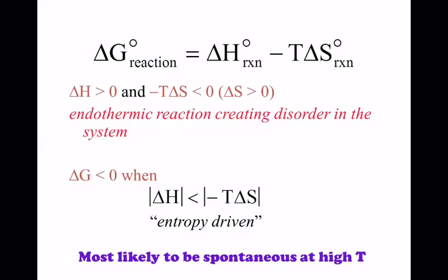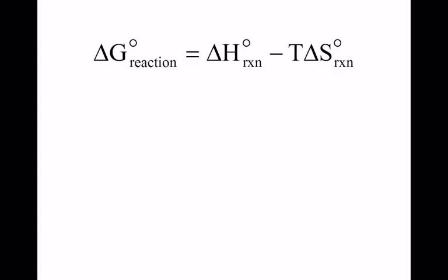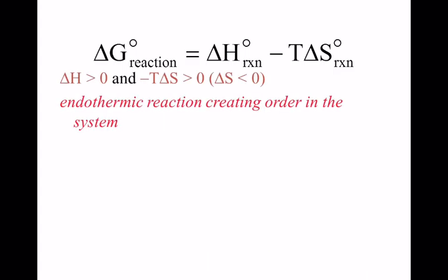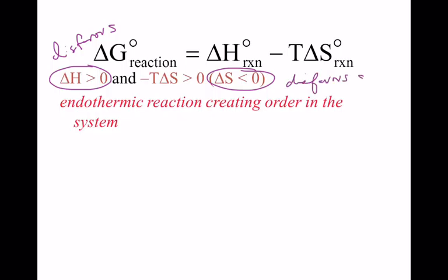Now this is the fourth of 4. In this case, we're going against the grain both ways. Okay? So notice that your delta H is positive. That means endothermic. That means disfavors spontaneity. And your delta S is negative, and that also disfavors. So you're like, it's not going to work.